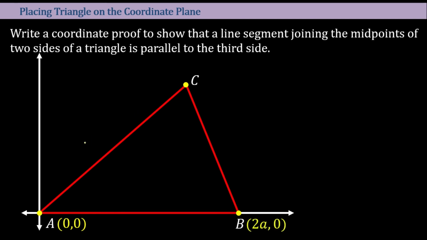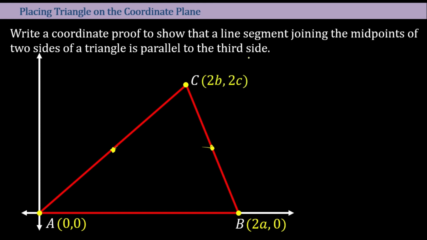Since we will be getting the midpoint of these two sides of the triangle, I will not be using B here, because if I divide B, that would be B over 2. So I'll be using 2B here and 2C.